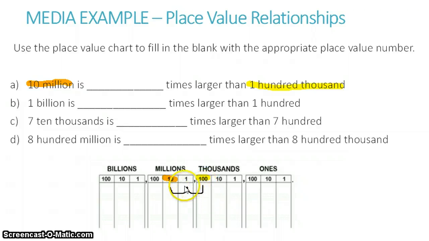So this would be 100 times as large, or 1 followed with 2 zeros. So there's a 0 for every place value you move to the left. So let's fill this in. 10 million is 100 times larger than 100,000.